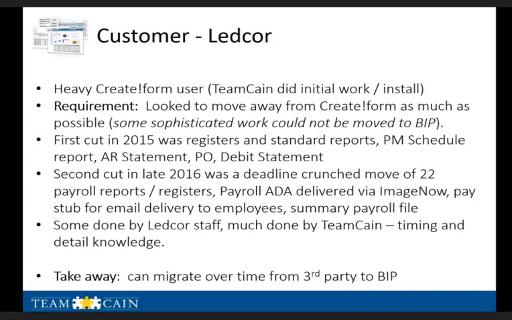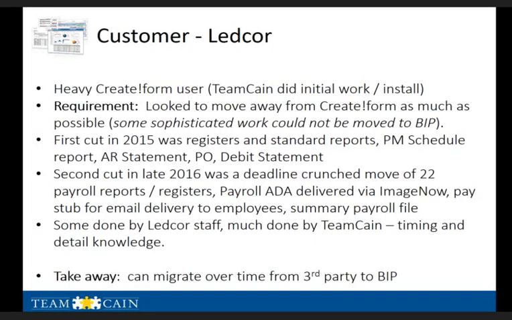So first cut in 2015 was some registers and some standard reports, a preventative maintenance schedule report, AR statements, purchasing, and debit statements. Second cut late in 2016 was they absolutely had to move 22 payroll reports and registers and automatic deposit advice that were being delivered by Image Now, and pay stubs for email delivery and a summary payroll file.